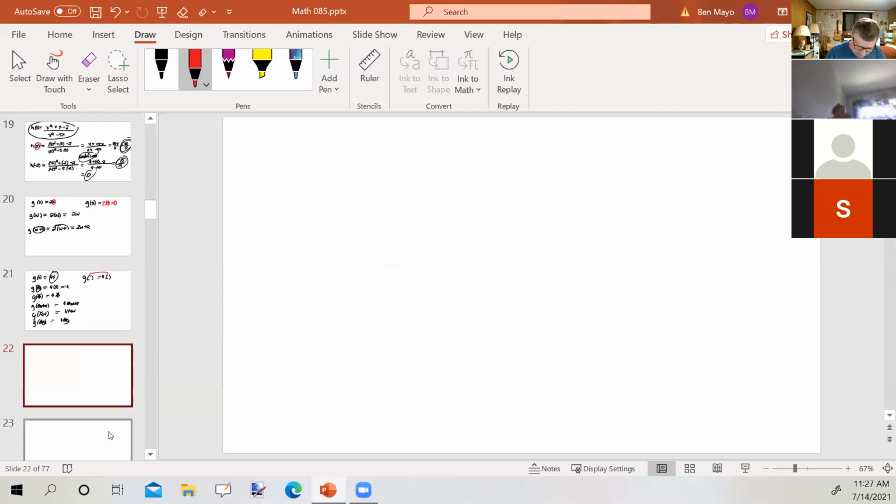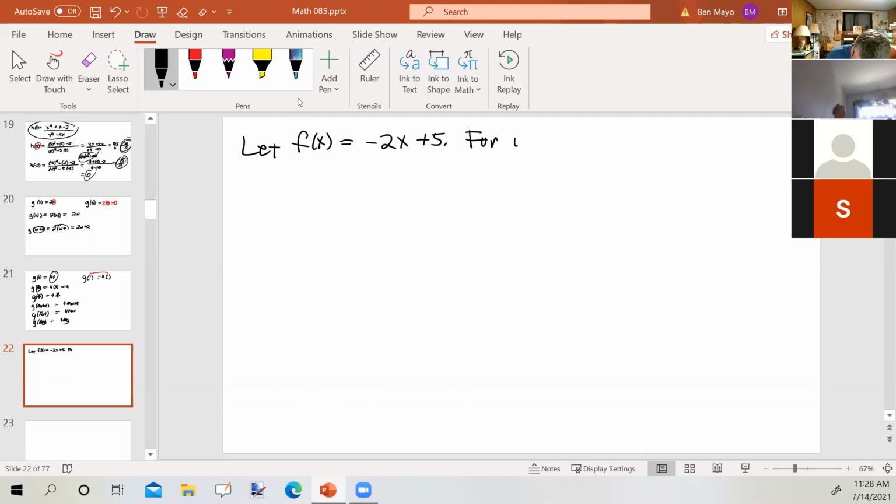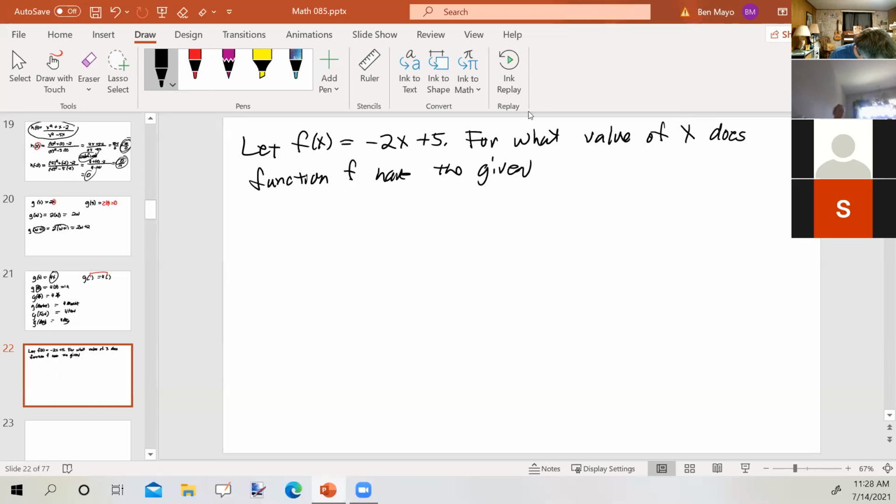All right. Now, this says let f of x equal negative 2x plus 5. For what value of x does function f have the given value?